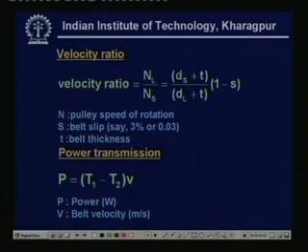That comes out in the form of these two values: ds plus t over dl by 2. Understand, the diameter of the smaller pulley plus t, the belt thickness, and this particular one is 1 minus S. What is this S? S is called the belt slip.